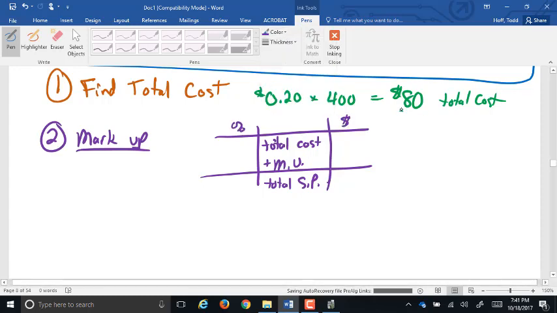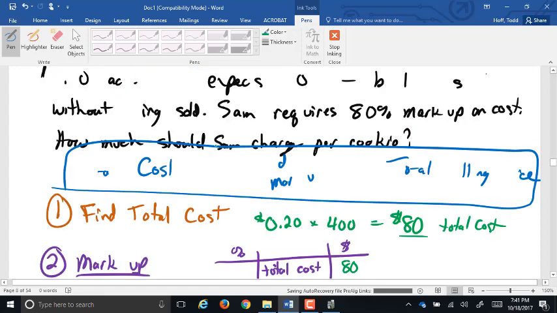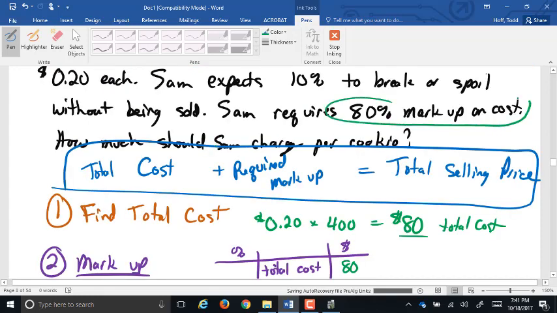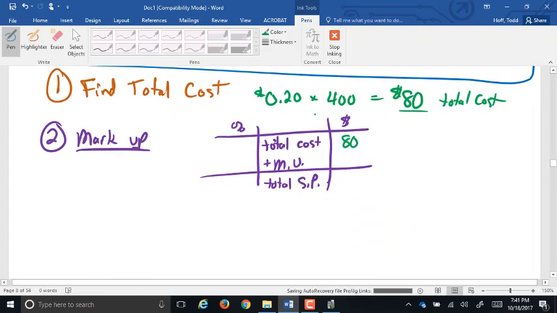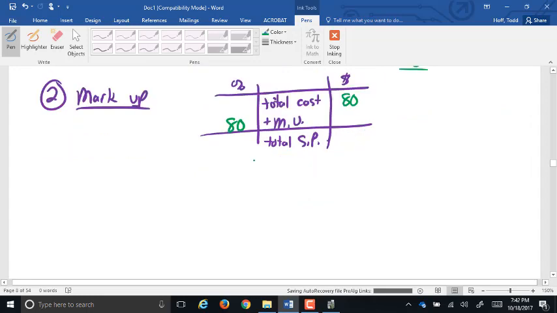We found our total cost to be $80. Our markup that we needed was 80% on cost. That's important, right? So 80% goes here for the percent markup. 100 goes for the cost.